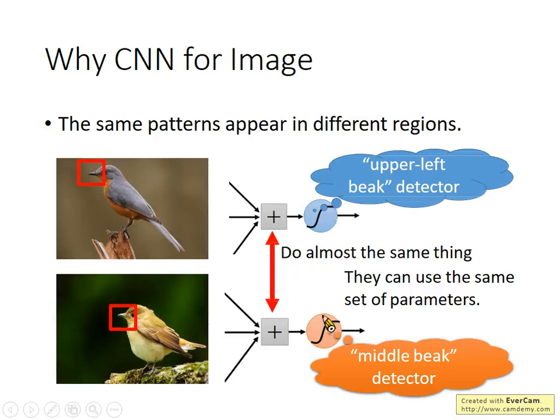These two nodes do almost the same thing, and they can use the same set of parameters. Because they are redundant, maybe we can just estimate one set of them to accomplish the task we want to do. So this is the second observation.